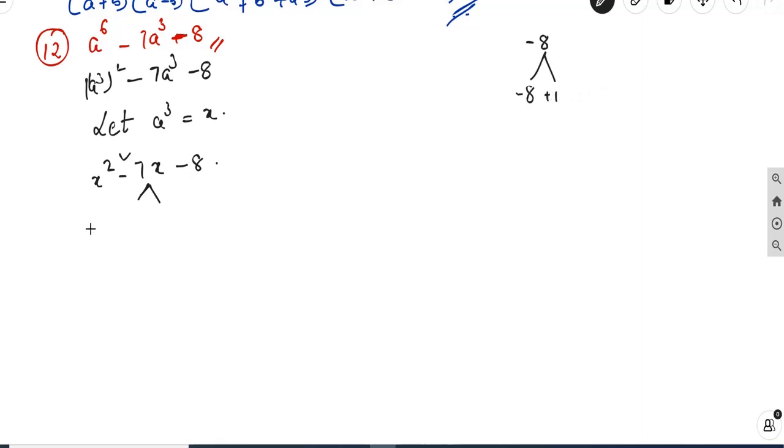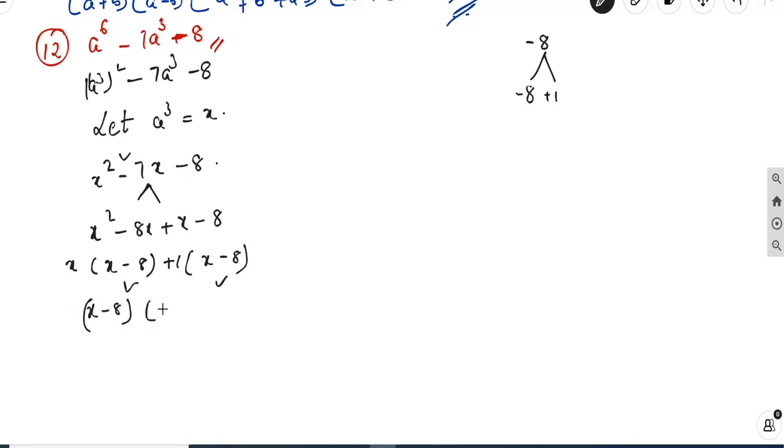So we write x square minus 8x plus x minus 8. If I take x common here, this becomes x minus 8. Plus 1 common here, this becomes x minus 8. So these two terms have a common factor. If I take it outside, x minus 8, open the bracket, x plus 1. So these are the two factors of this equation.